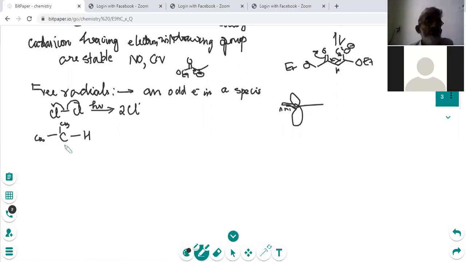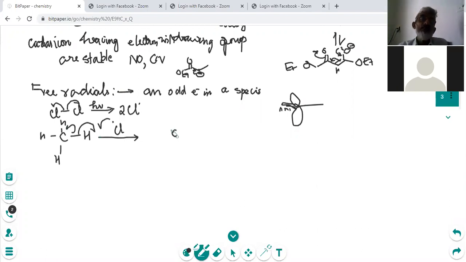This is your methane. See, another method of forming a radical. In presence of one radical, you can form another radical. See here. This chlorine electron and one electron from this hydrogen gets shifted here. And the second electron of this carbon goes there.